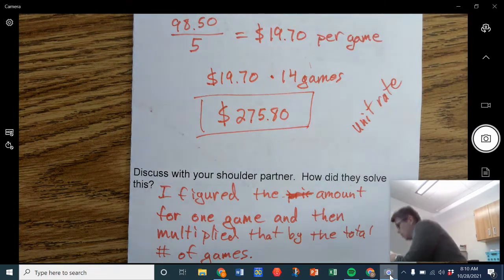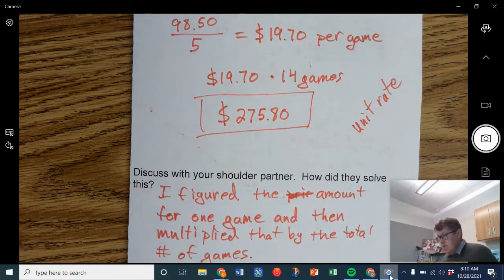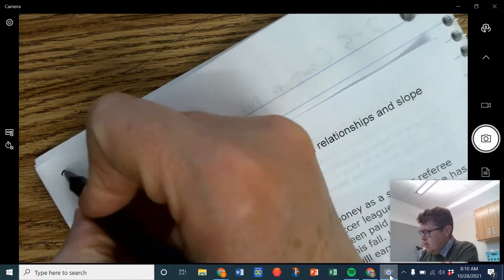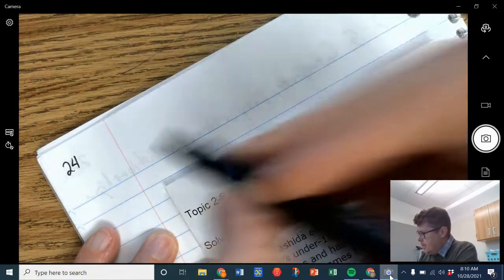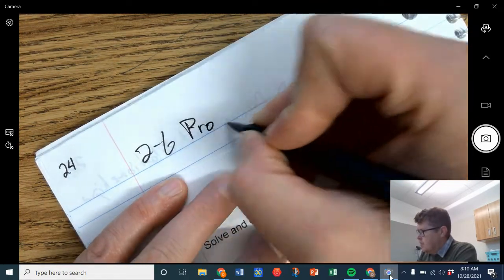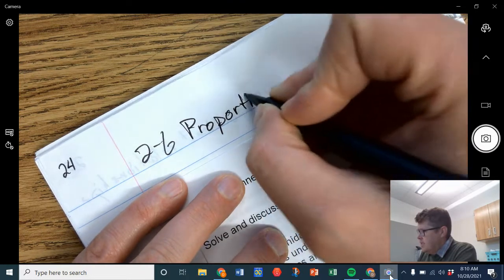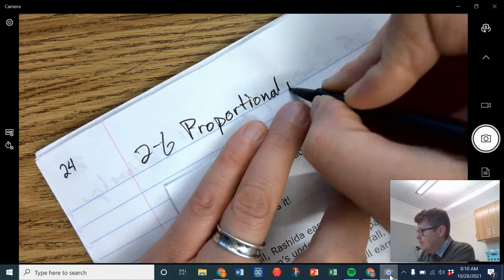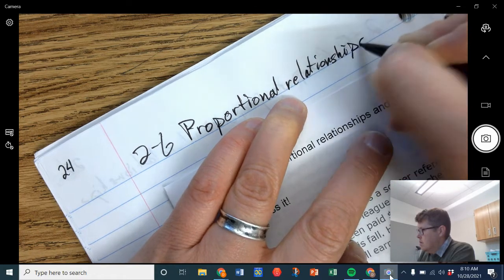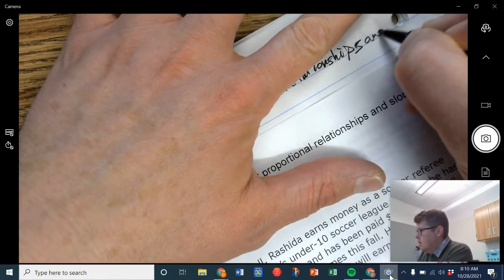All right, this is going to go on page 24. Okay, so page 24. This is 2-6. I'm just going to say proportional relationships and slope. You do not necessarily need to say connect. And slope.